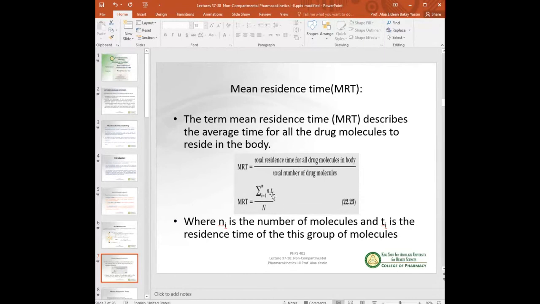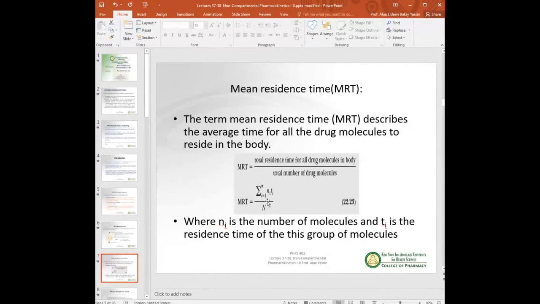So the summation of Ni multiplied by Ti. Ni means the number of molecules present at the time Ti. For example, after 5 minutes, the number of molecules present after 5 minutes, and Ti is the 5 minutes.